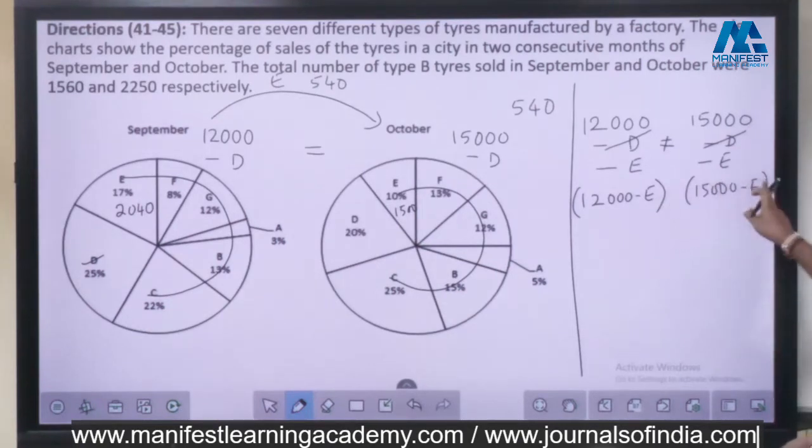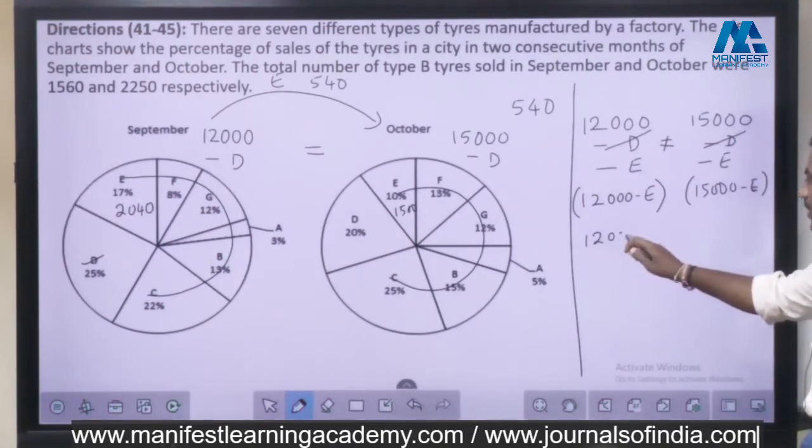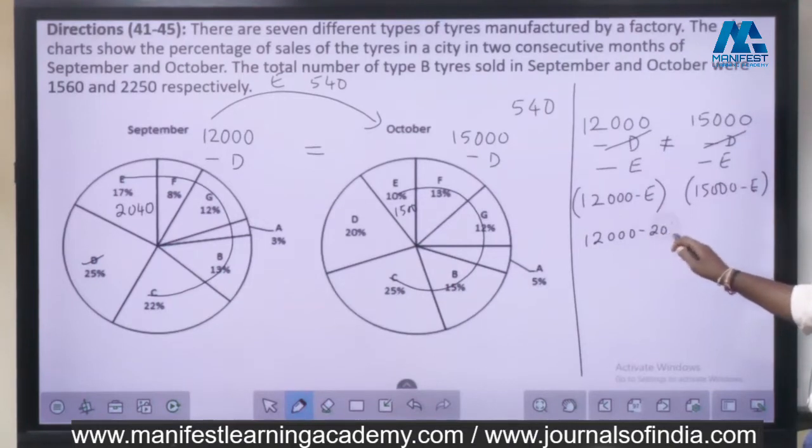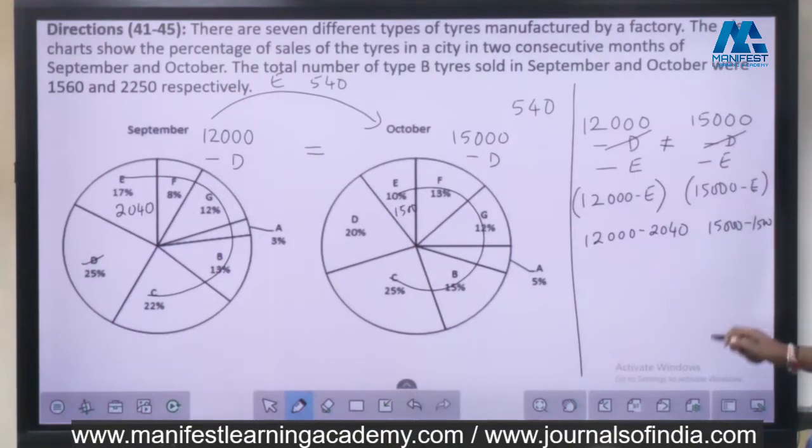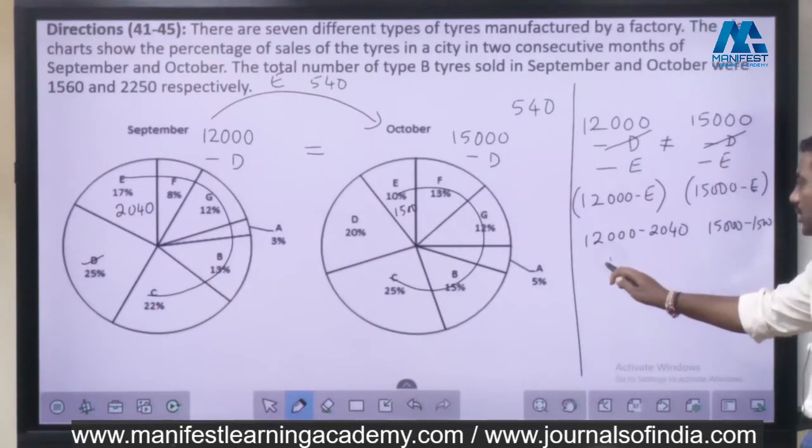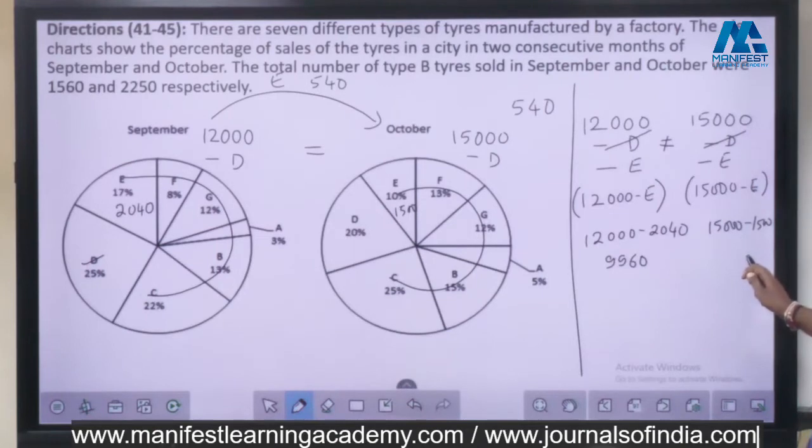If you compare this E and this E, there is 12,000 here minus 2040 and here 15,000 minus how much? 1500. Correct? So 12,000 minus 2040 is how much? 9,960. What about this? 13,500.